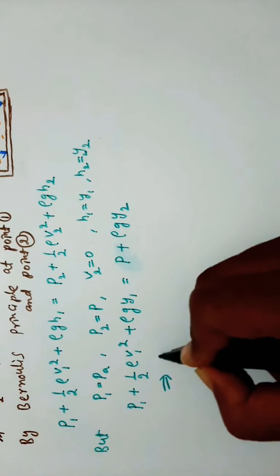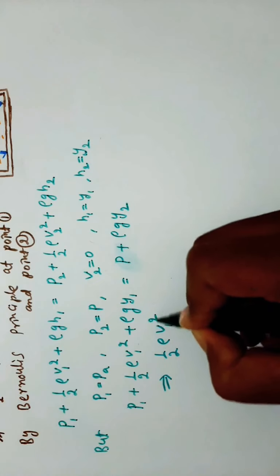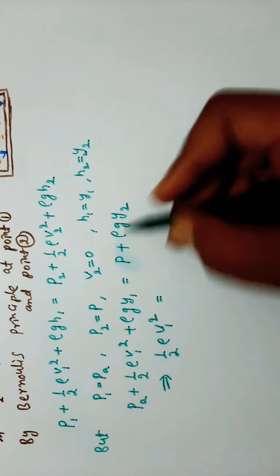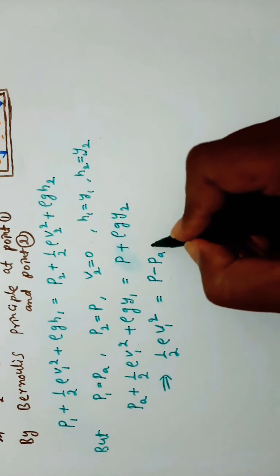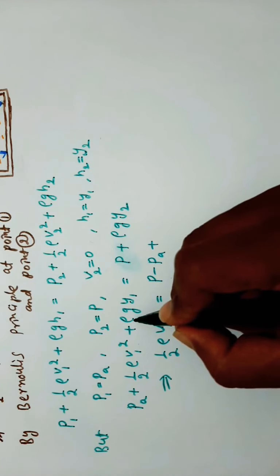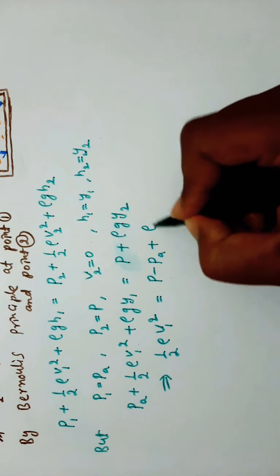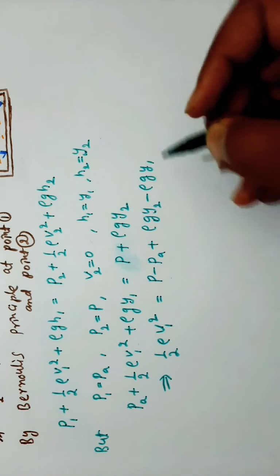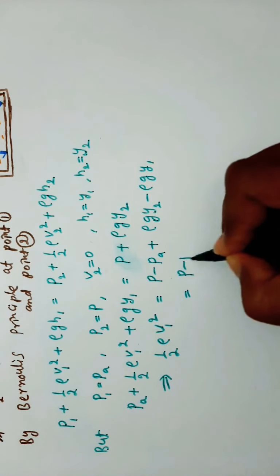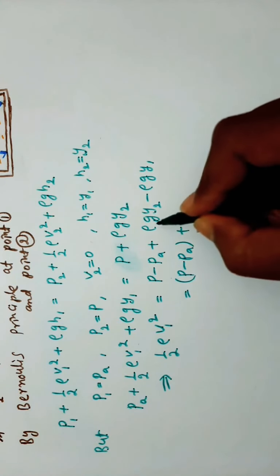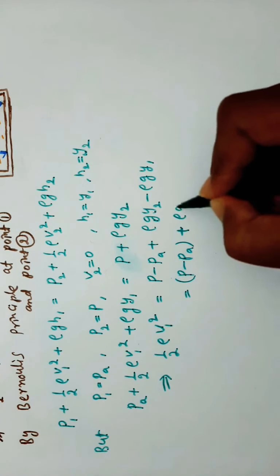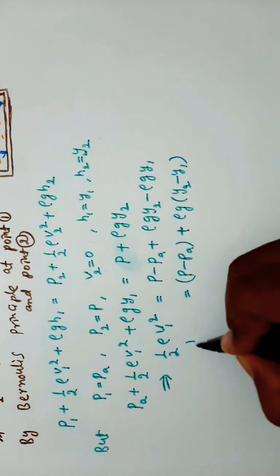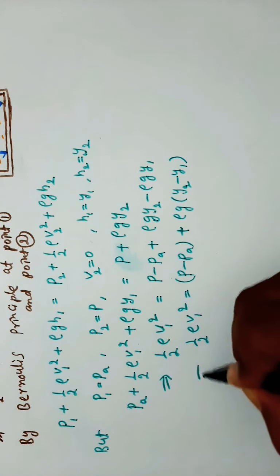So from this we can write 1 by 2 rho V1 square is equal to, here P1 is equal to PA, taking this side, P minus PA plus, taking rho g y1 to the right side, rho g y2 minus rho g y1. So P minus PA plus, taking rho g common, rho g into y2 minus y1.